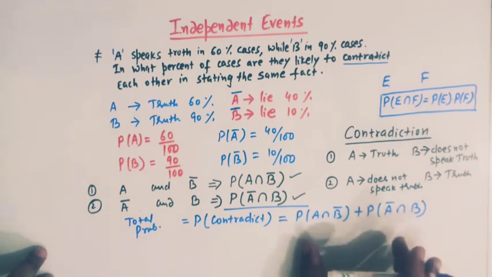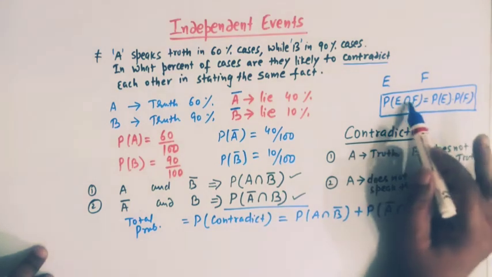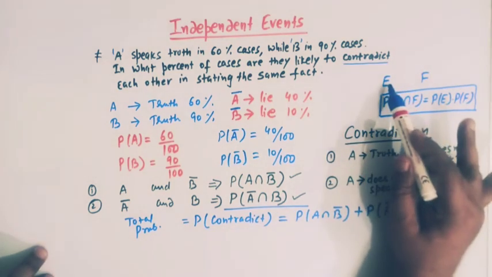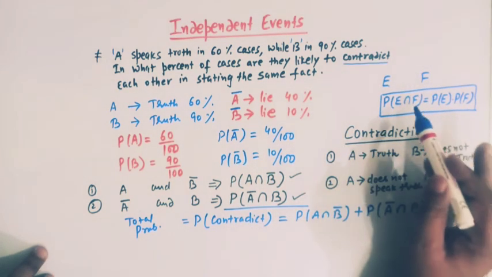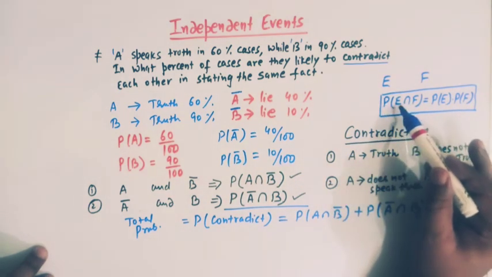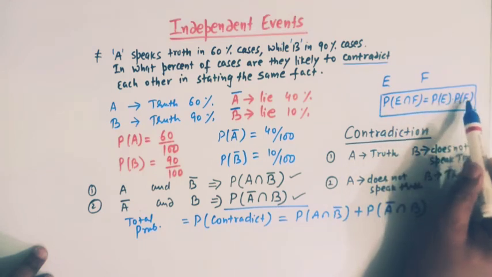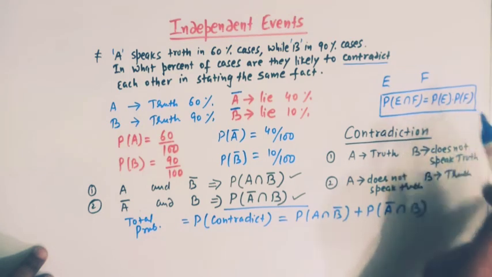We will calculate these with the help of the formula: when E and F are independent events, the probability of the intersection of E and F is the product of the individual probabilities.